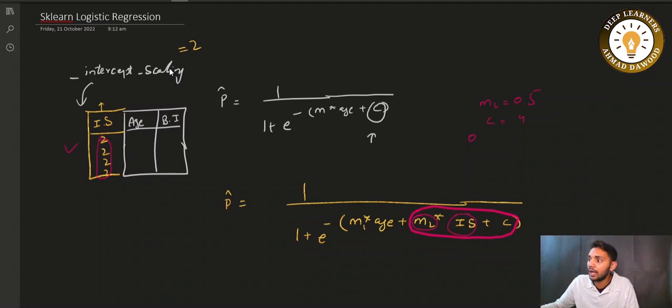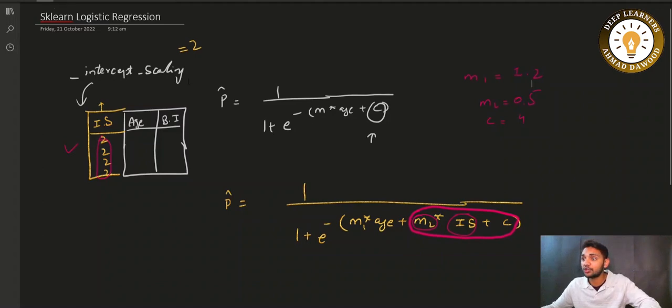Now, I will mention here M1. Let's say you have found M1 as 1.2.